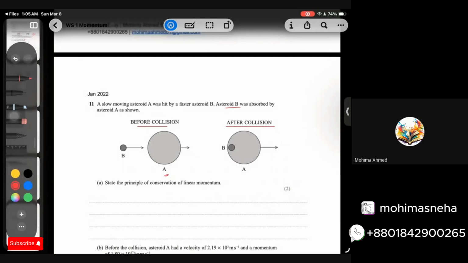So the first thing we're asking is the principle of conservation of momentum. This is obviously a repeated question, right?